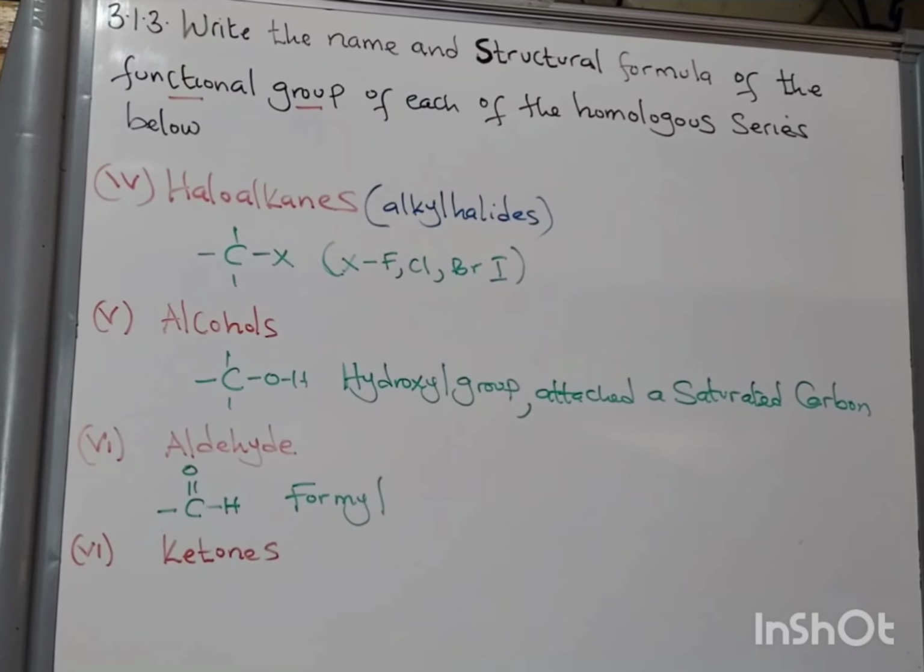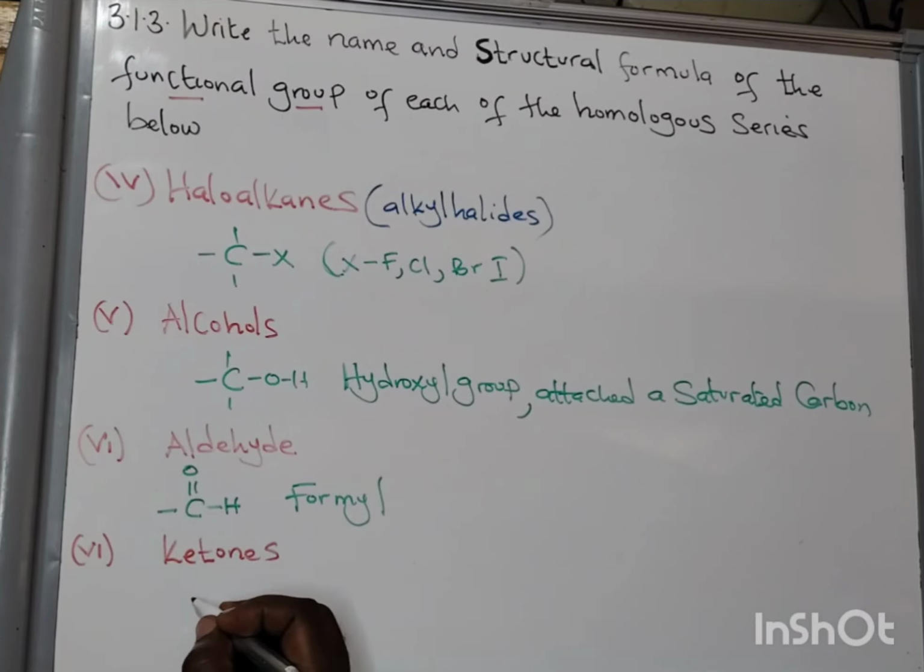Now, next, ketones. What is the structure of the functional group of ketones? Ketones have a carbonyl group as well, but its carbonyl group is not terminal, it's not at the end, it's between carbon atoms.